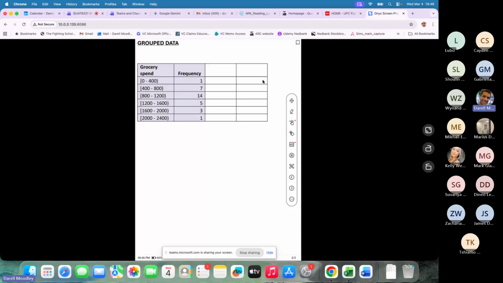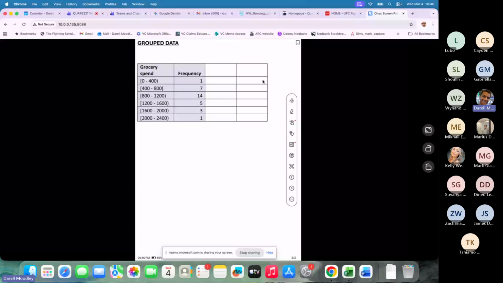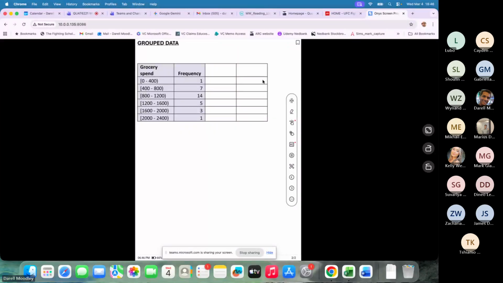So in Learning Unit One, summarizing data. Here you create a frequency table. So let's say you were given data like this, and what this data tells you, I'll explain it now.